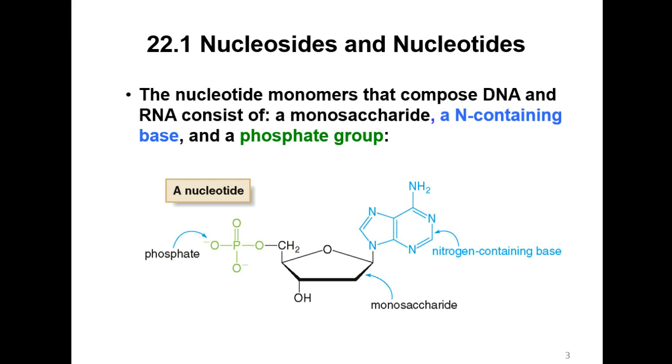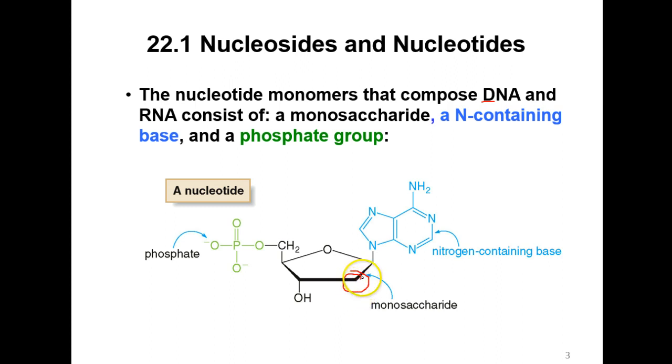All right, so here's an example of a nucleotide, and this is a DNA molecule. The reason I know it's DNA is that this carbon right here does not have an OH group, and the D stands for deoxy. So DNA has one less OH group on that spot, where RNA does have the OH group.